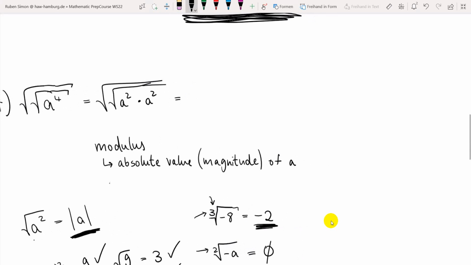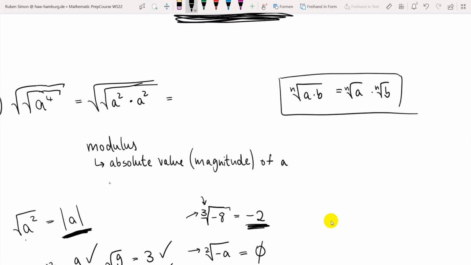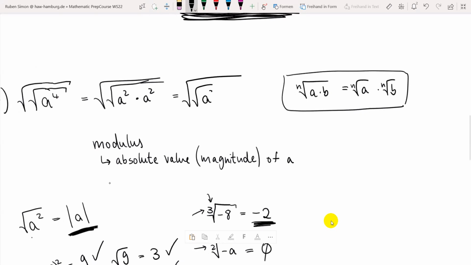One of the root rules tells you that you can write any a times b as square root of a times square root of b, or any root. So this can be an arbitrary root exponent. Okay, so if we apply this rule here, then we can have root of a squared times root of a squared.